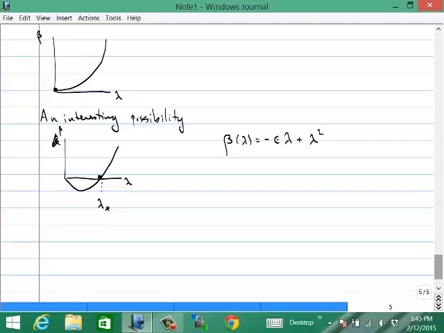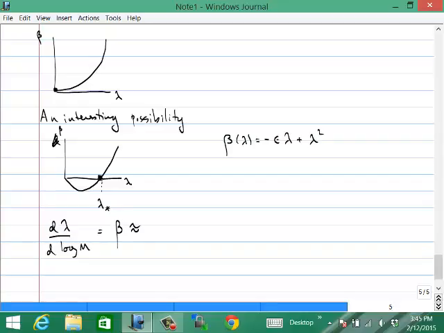So let's just write that out a little bit more explicitly. Remember, d lambda by d log m is equal to the beta function.